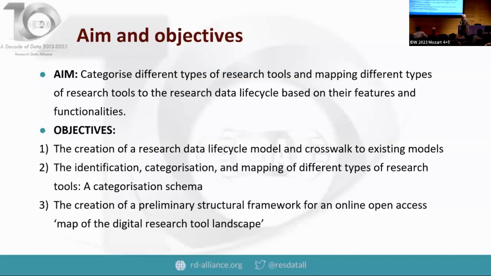So our objectives are the creation of a research data lifecycle model, and then a crosswalk to existing data lifecycle models, and the identification, categorization, and mapping of different types of research tools, in order to come up with a kind of categorization scheme. So the creation of a preliminary structural framework for an online open access map of the digital research tool landscape.